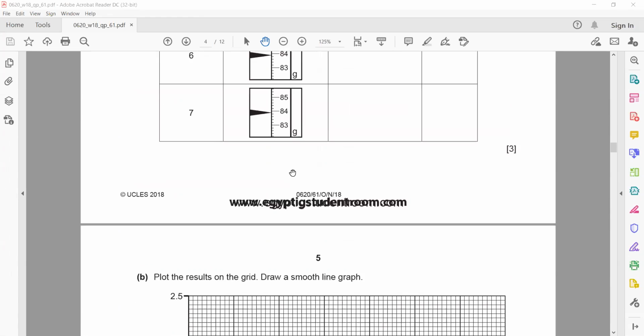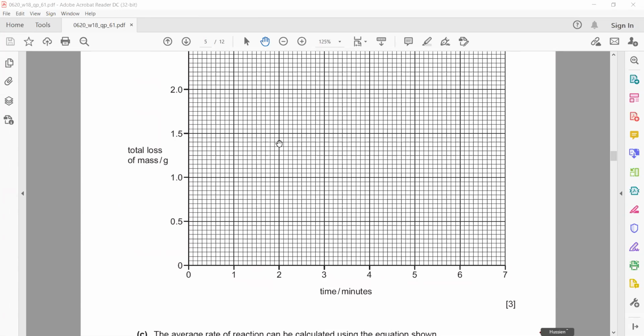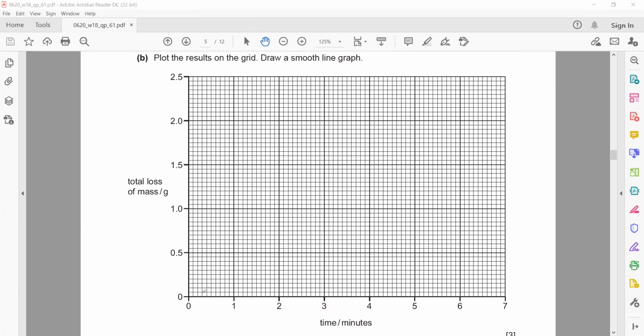When you check this value, the mass 86 was there. No, after 1 it is 85. So after 1 minute, the loss in mass is 1. So you have to draw a smooth line graph. Basically, it will come out like this. This is a sketch.